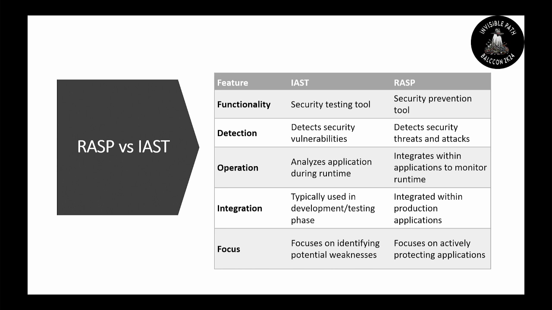And yeah, just a quick recap. Differences between RASP and IAST. Definitely regarding the functionality, IAST for sure is a security testing tool, while RASP is a security prevention kind of tool, or even it can be a mitigation kind of tool if you want to have it in a different mode.